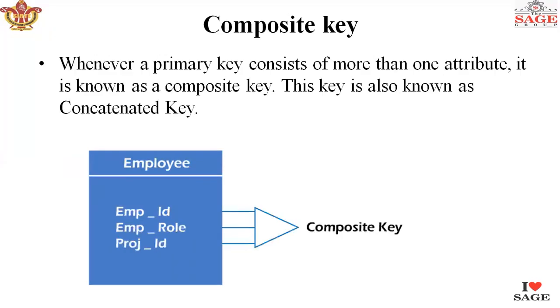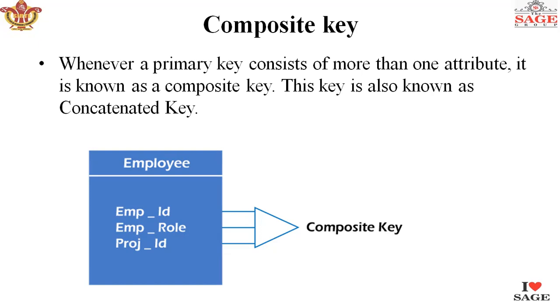The next one is the composite key. Whenever a primary key consists of more than one attribute, it is known as a composite key, or also a concatenated key. Here is the example. In the employee relation, we assume that an employee may be assigned multiple roles, and may work on multiple projects simultaneously.